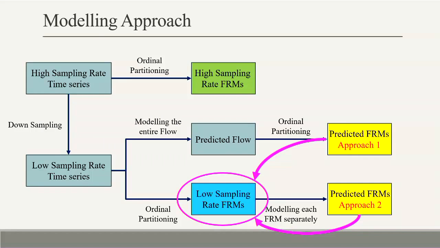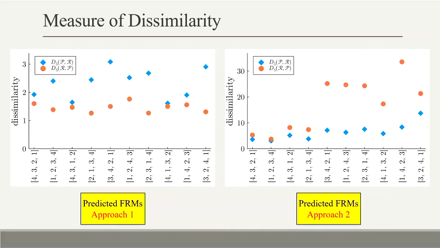If I compare the output of these two with the dissimilarity measure that I defined, with the second approach I can see that the range of the dissimilarity measure increased a lot.